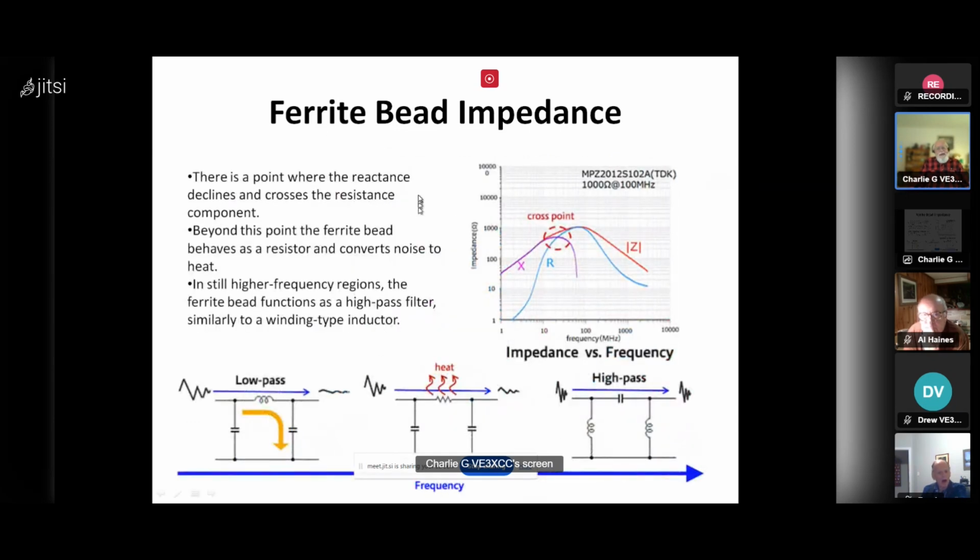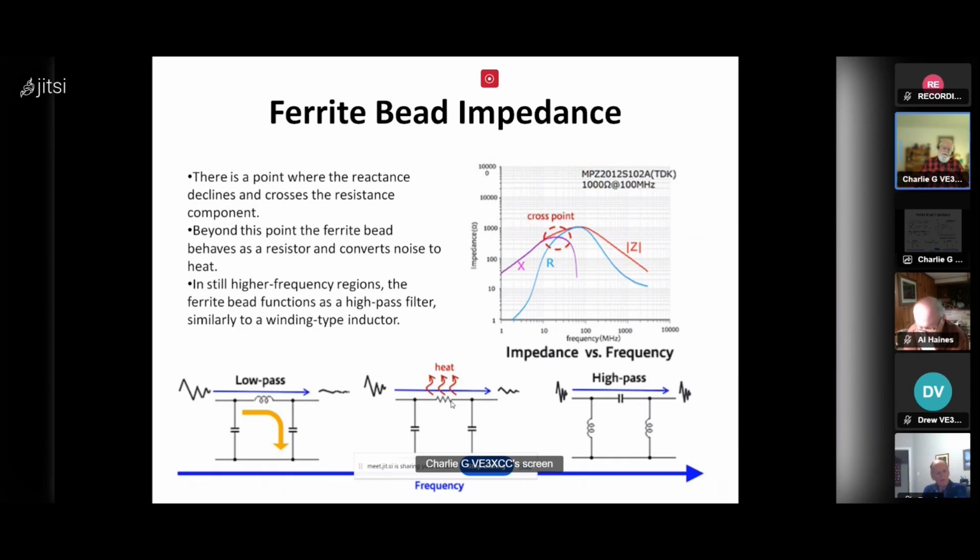Ferrite beads actually do some pretty interesting stuff. So, at the lower frequencies, they behave like a low pass filter, where the current basically shunts to ground. When you get to the middle frequency ranges, it still looks like a low pass filter, but now instead of looking like an inductor in the center element, it looks more like a resistor, and you get the energy being dissipated as heat now.